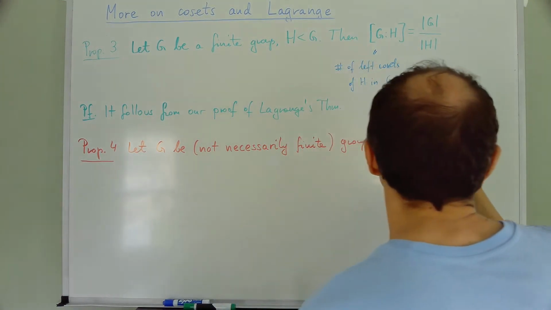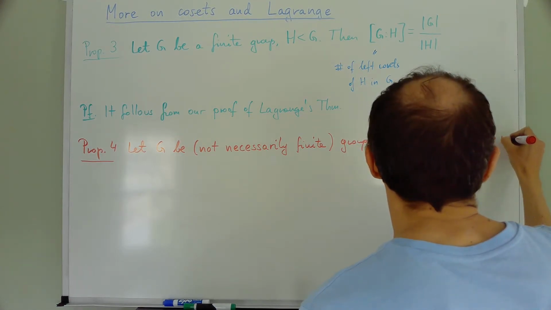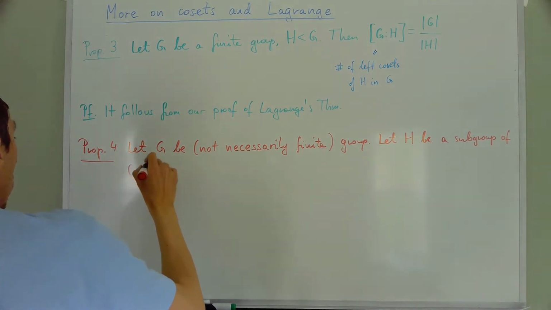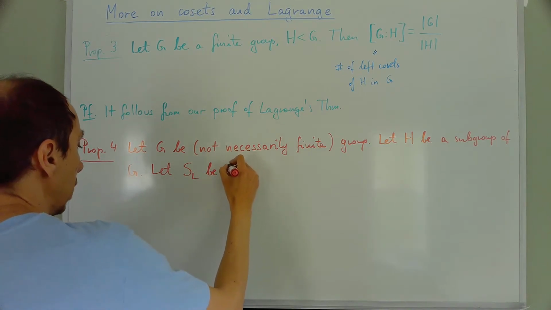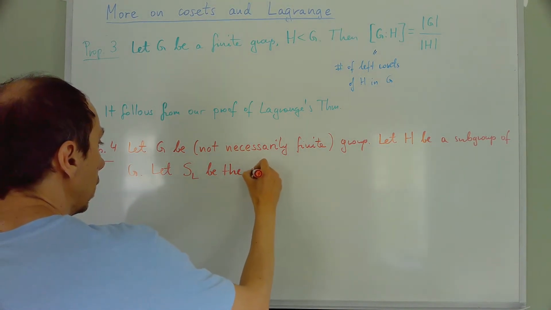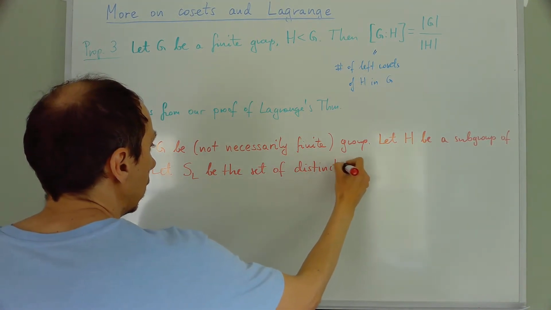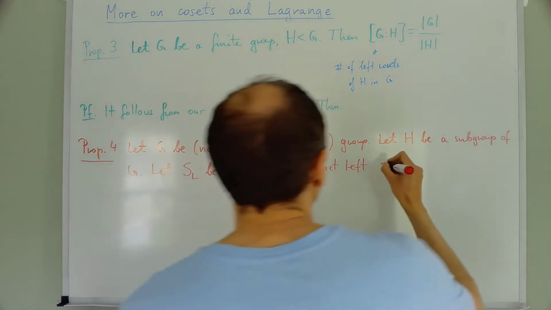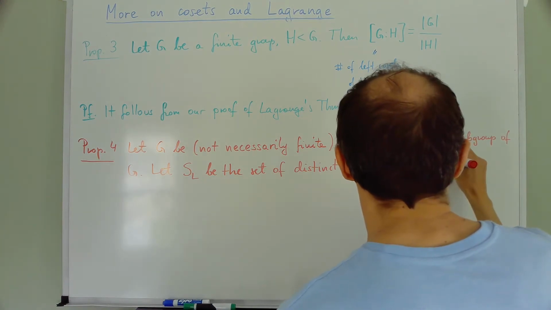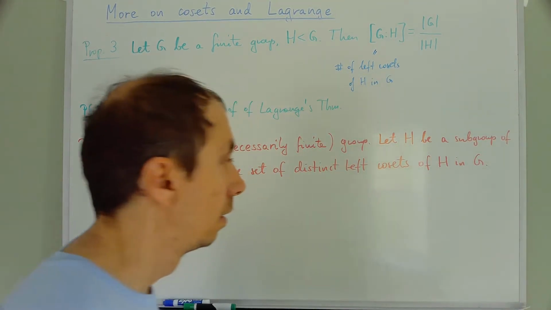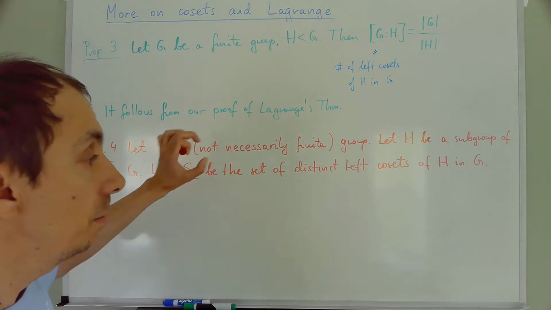Let H be a subgroup of G. Let SL be the set of distinct left cosets of H in G. So in particular, if H is of finite index, that's just finitely many here.